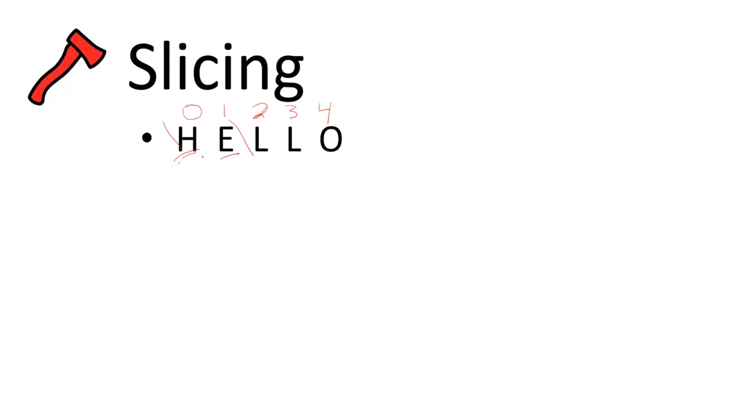So if we want to cut out just the H and the E, we tell Python start at 0, include the H, put a colon here, and then we're going to tell it to go to 2, but don't include that. So start at 0, include that. 1, include that. Stop at 2, but don't include it, if that makes sense.